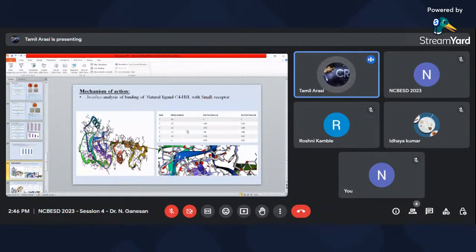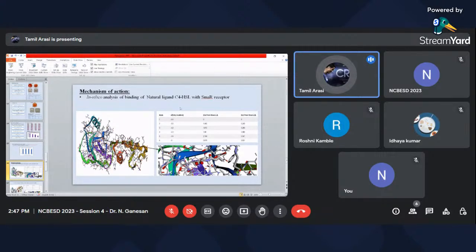Simply, I'll just tell you this natural ligand C4HSL is binding with the SmaR receptor. That's how the quorum sensing is happening. So the diallyl disulfide and the natural ligand C4HSL have a similar structure, same morphological characters. That's why this compound is able to act well, and it can interfere with the binding of C4HSL and SmaR receptor.